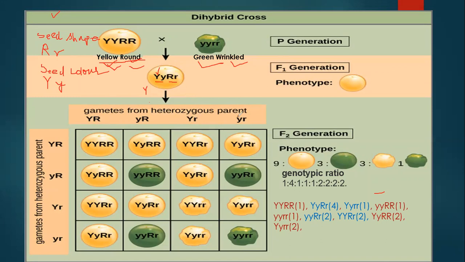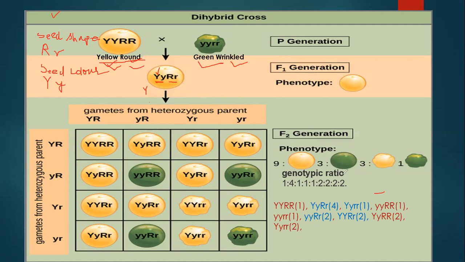For the production of the gametes, he derived a law, which we will discuss later. After selfing, he obtained the phenotypic ratio of 9 yellow round, 3 green round, 3 yellow wrinkled, and 1 green wrinkled.